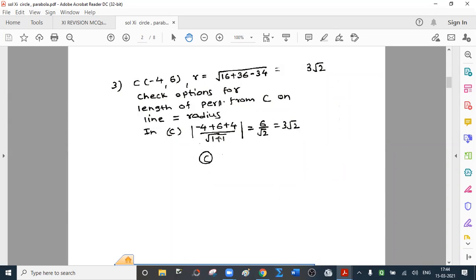Or a good student will think that the denominator should be root 2. Why? Because then only we can have root 2 in the numerator, right? And for that, the coefficient of x must be the same as the coefficient of y, or the sign may be different because the square of a negative number is again positive. Okay, so 6 upon root 2 is the same as 3 root 2. So the correct option is C, Calcutta.